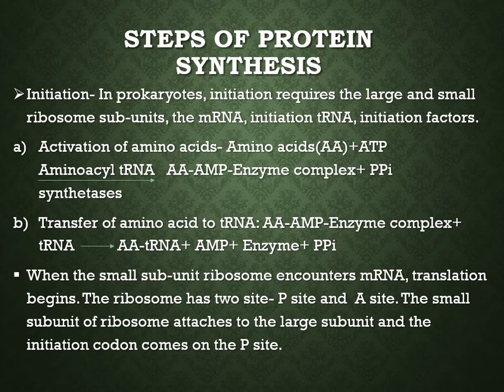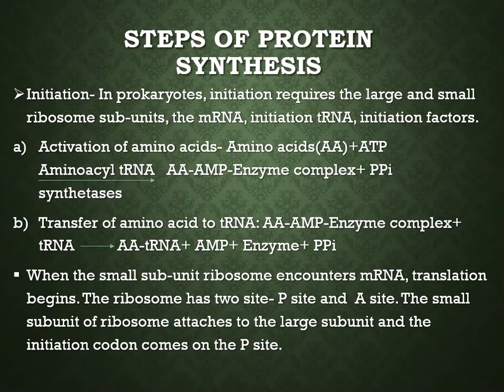Here our first step in the initiation is activation of amino acids. Here you are seeing amino acid plus ATP forming amino acid AMP enzyme complex plus inorganic phosphate, in the presence of the enzyme amino acyl transfer RNA synthetase.